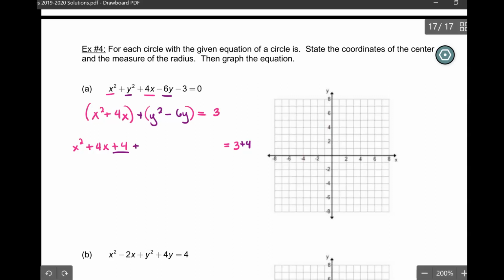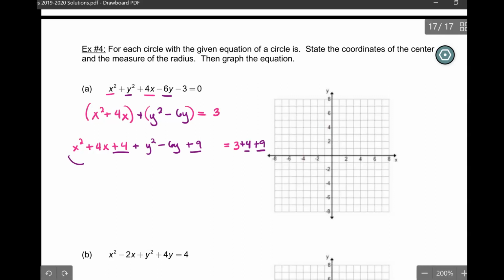Next, I'm going to do the same thing with the y's. So I have y squared minus 6y. I take half of negative 6, which is negative 3, square it. I'm going to add 9. So I'm going to balance my equation. Again, whatever I add to the left side, I have to add to the right side. Now, why did we do that?